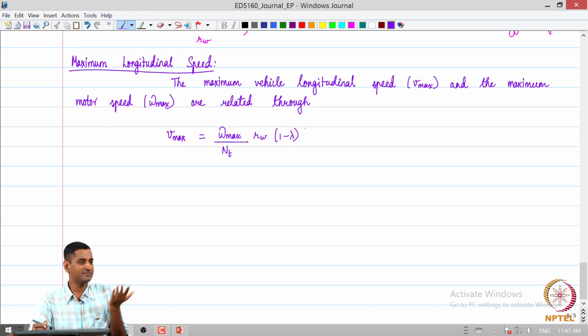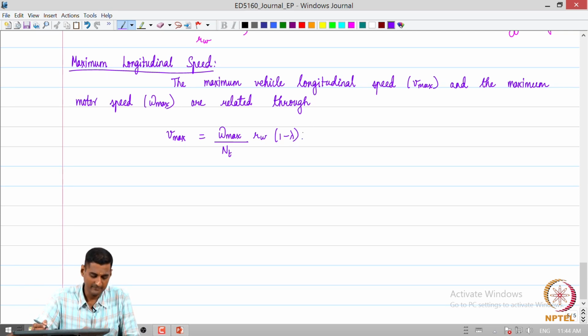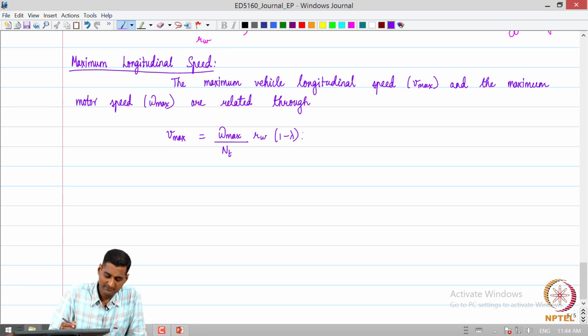We can observe that this is something which we already derived when we discussed transmissions. So, the concept is the same, we are just applying it for an electric motor. So, this is the relationship between the maximum longitudinal speed and the corresponding maximum motor speed. Now, the corresponding power and torque requirements are the following.